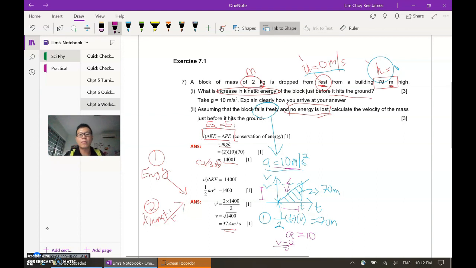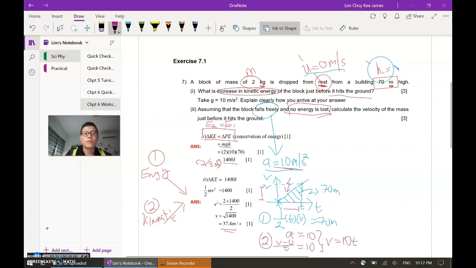From a mathematical point of view, this is rise over run. From a physics point of view, it's the formula for acceleration, which is change in velocity over change in time, v minus u divided by delta t. So this gives us 10. If you manipulate the formula, you'll find that you have a second equation, which is v equals 10t.